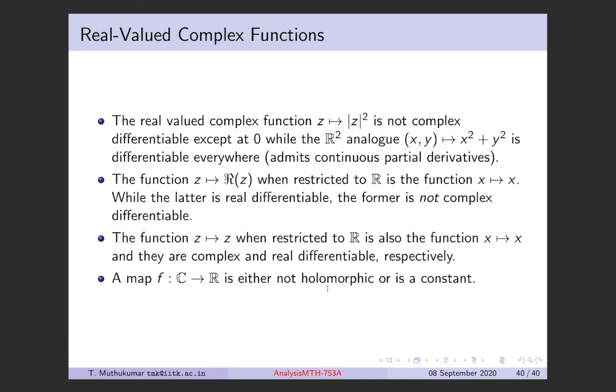If u is not a constant function, then it cannot satisfy the Cauchy-Riemann equation, so the function cannot be holomorphic. Okay, so this is a nice property about holomorphic functions and its connection with the Cauchy-Riemann equation.